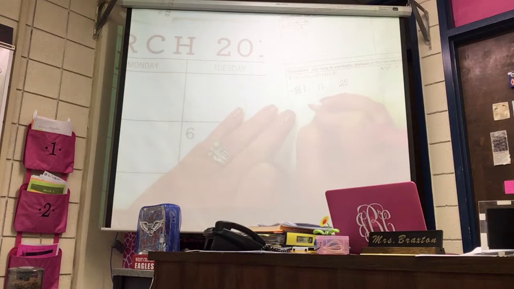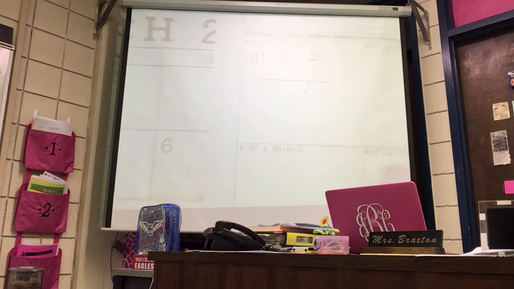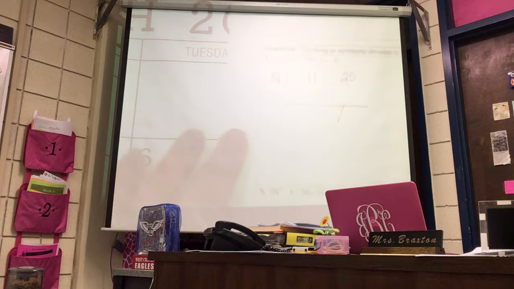All right, then we skip a space and draw our line. Now, underneath of our constant, I'm just going to kind of have a diagonal line. So here is our setup right here. All right, you bring the first term straight down.